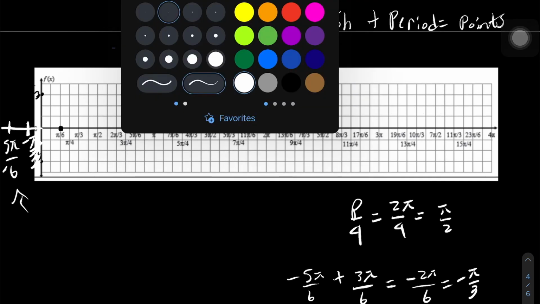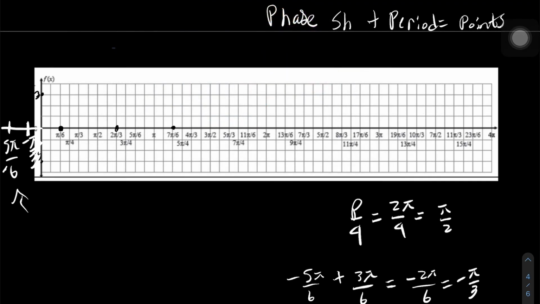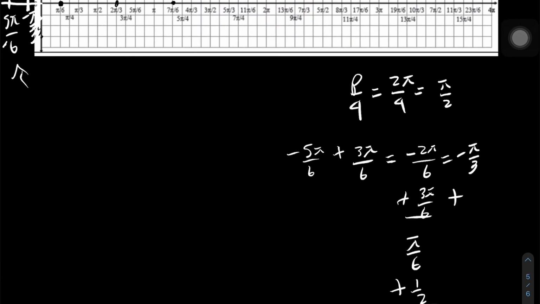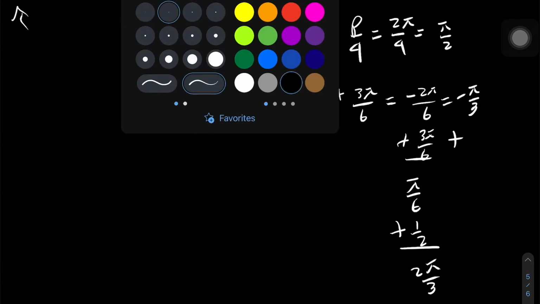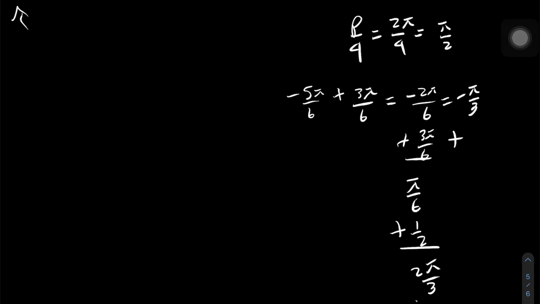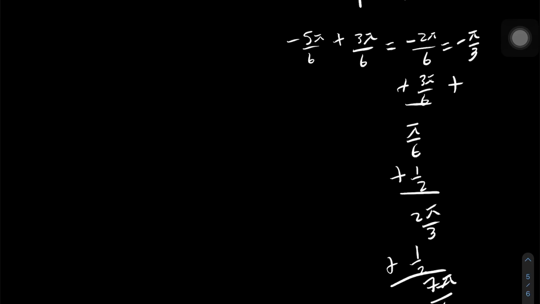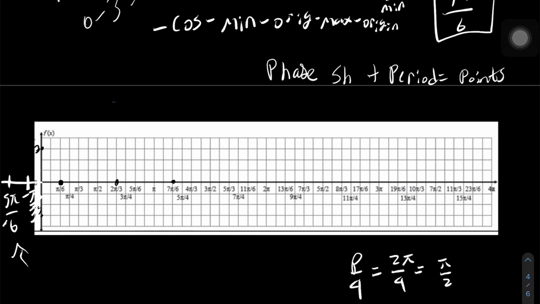It's going to be another point of ours, 2 pi over 3. And if we add another 1/2, we get 7 pi over 6, which is what we have right now after we added our radian to our phase shift. So now we have a total of, let's just count them, 1, 2, 3, 4 points before our period. And now we can actually graph.